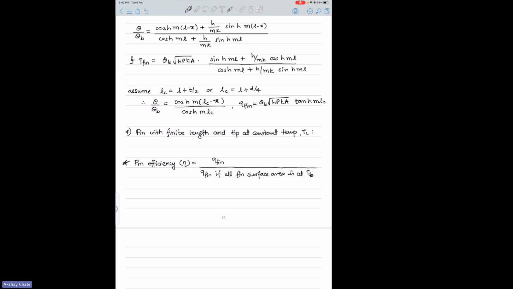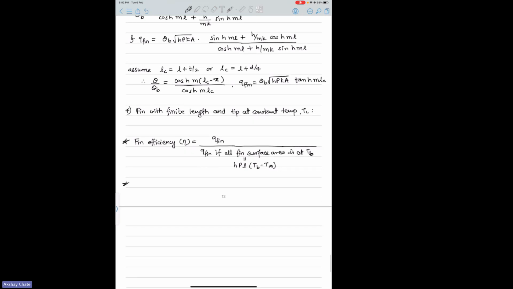And what will this quantity be? It will be h into P into L into (Tb minus T infinity), because PL represents the whole curved surface area, and that's how you do it. And there is something called fin effectiveness.